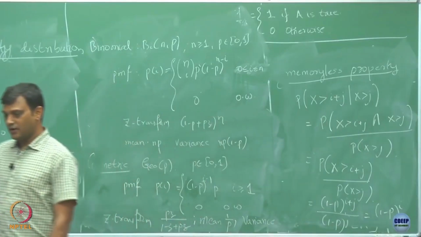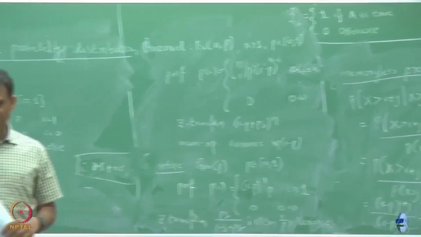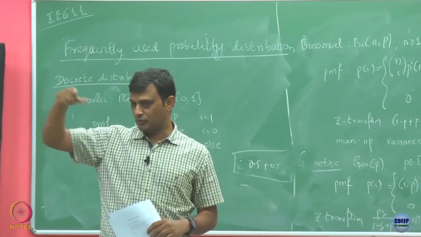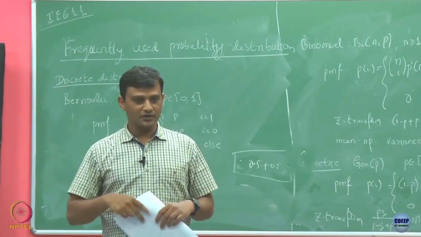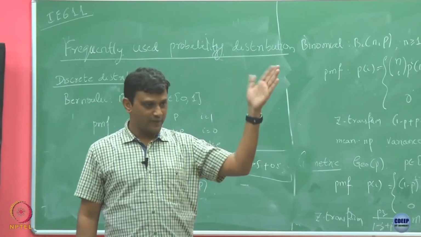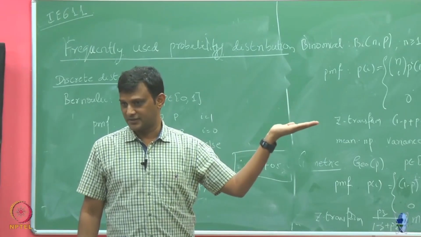So given that you have already taken j attempts and require i more attempts, the fact that you have already taken more than j attempts is not helping you at all in understanding whether you need i more attempts. In that sense this is a memoryless property.